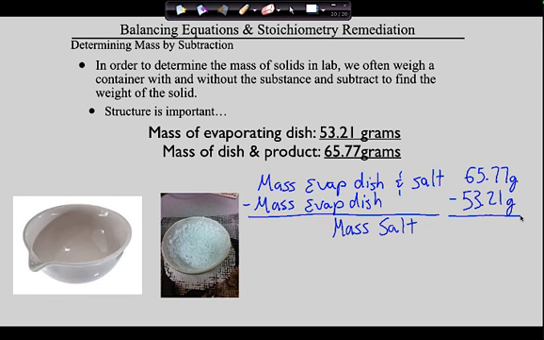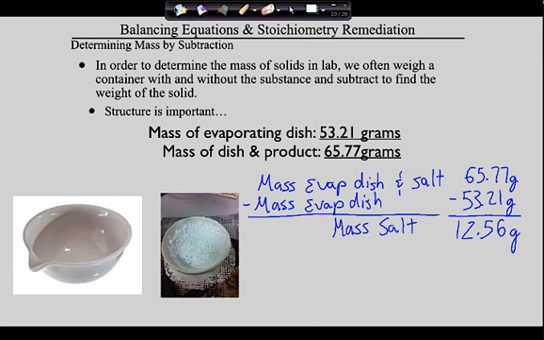And then when I do the subtraction, 7 minus 1 is 6, 7 minus 2 is 5, 5 minus 3 is 2, 6 minus 5 is 1, and we now find out that the salt weighs 12.56 grams. This is the way that we represent finding mass by difference, and what you'll see in a couple minutes is that you'll actually be doing a couple of these calculations when you're analyzing data and doing a percent yield calculation.